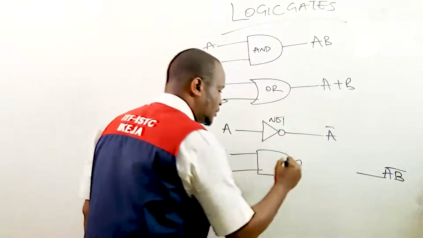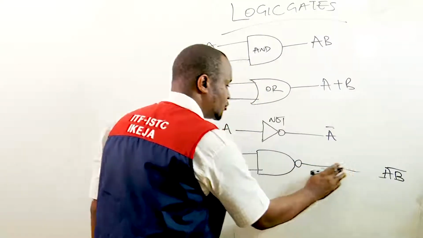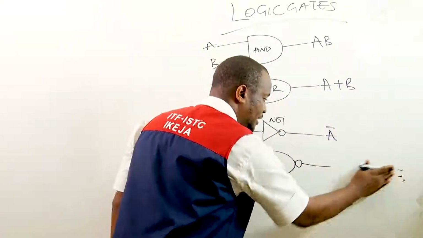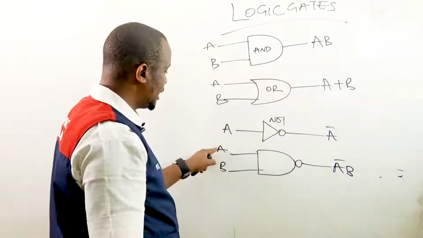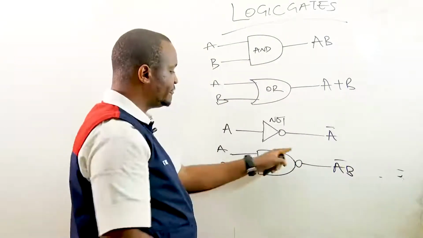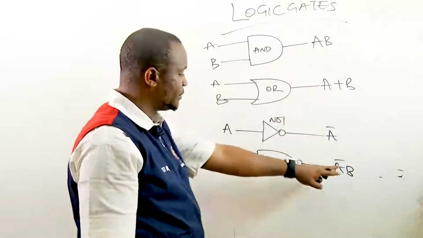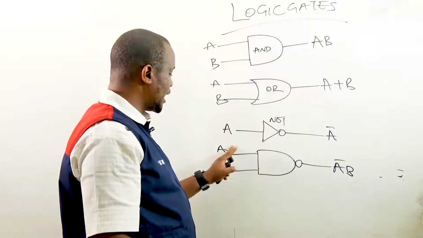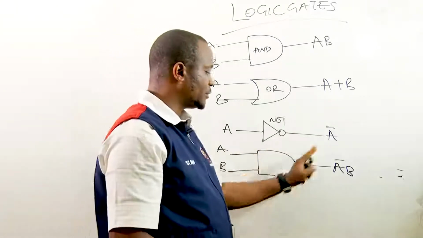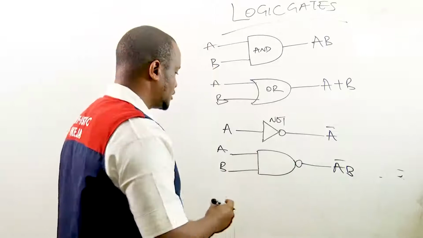Just draw a circle, and then you have the output. So when you see this, you know that there is an inversion. So A and B will be inverted with a bar. Okay? So for example, we have 1 and 1, we have 0. So that's the inversion.